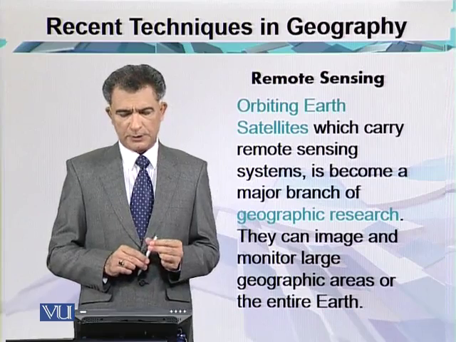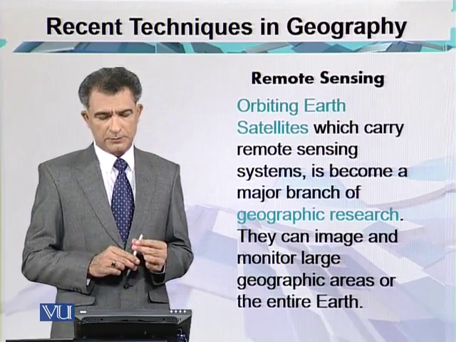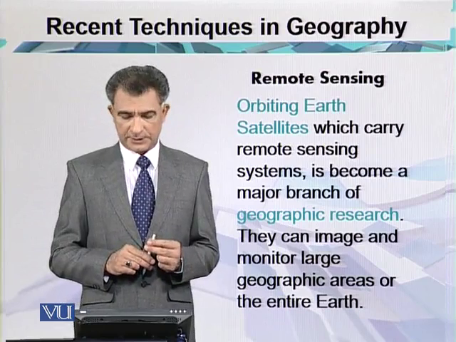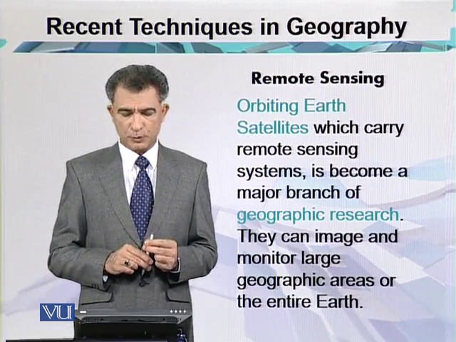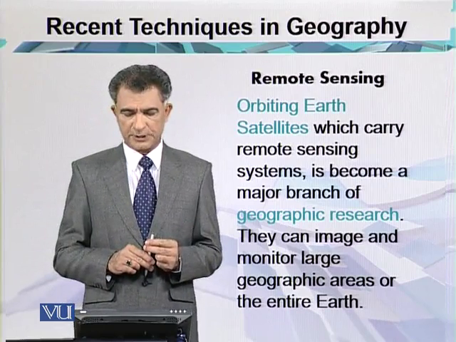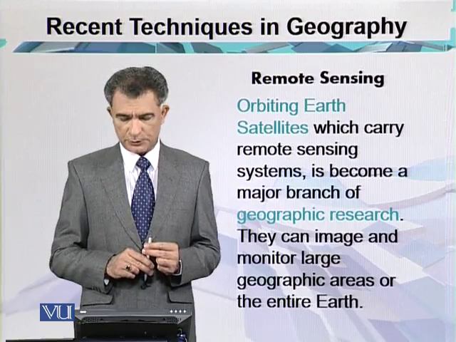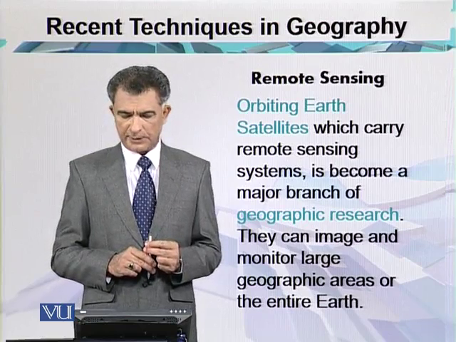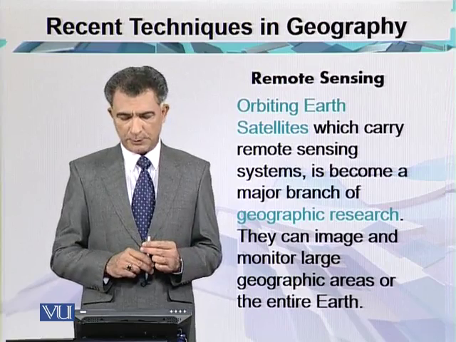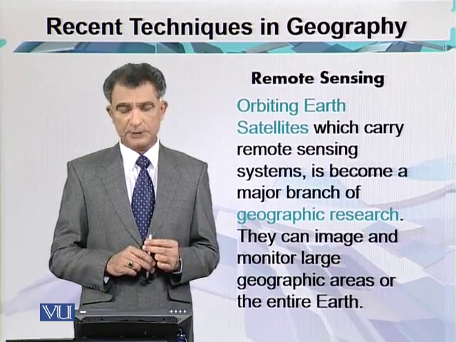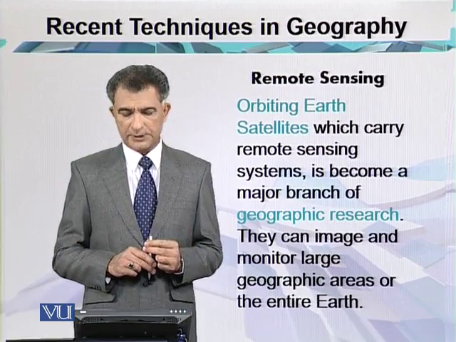So in remote sensing, the orbiting Earth satellites which carry remote sensing systems have become a major branch of geographical research. They can image and monitor large geographical areas or the entire Earth.